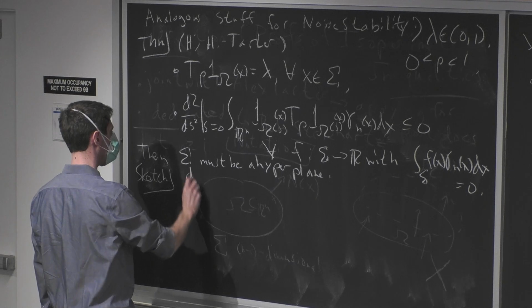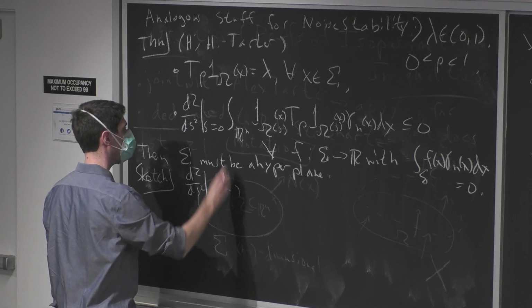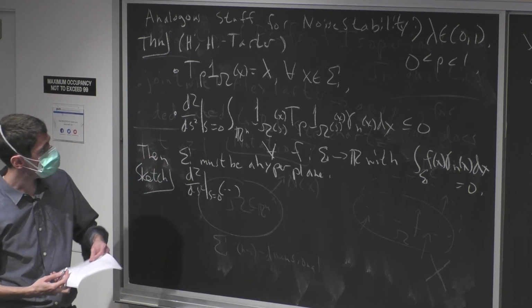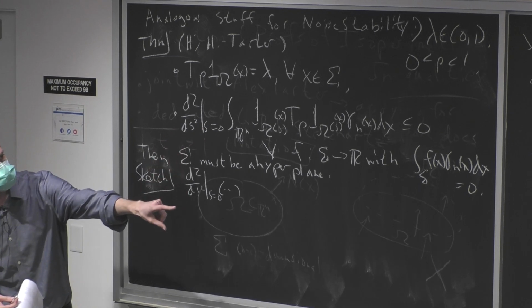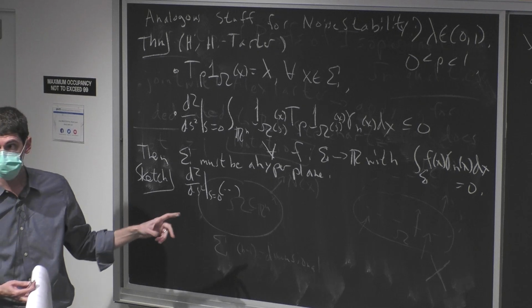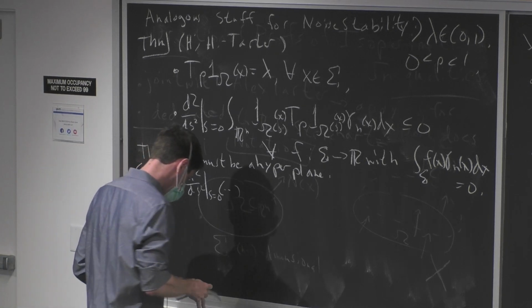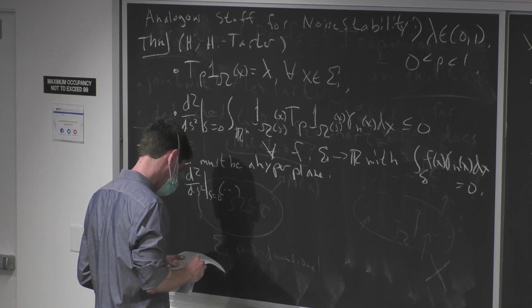So I take the second derivative of this noise stability. It's going to be a little different now because I have an integral operator, and so when I take its second derivative, the second variation part is no longer going to be a differential operator. It's going to be an integral operator itself. Maybe I won't even write it.